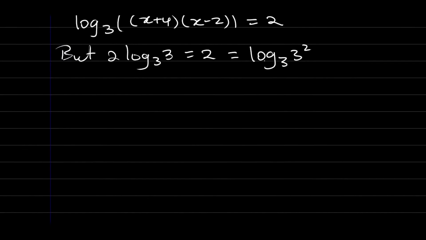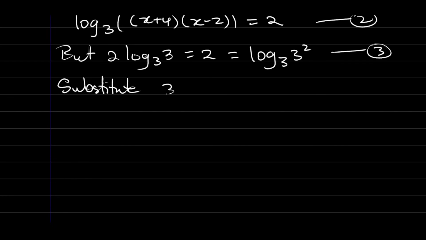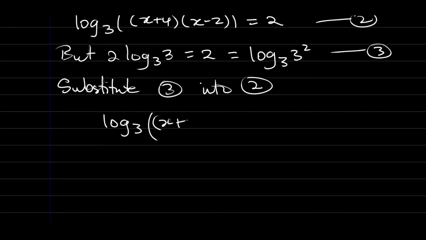Let me just say this here is equation number 2. And let's say that this is equation number 3, and I can say substitute 3 into 2. All right, I can substitute equation 3 into equation number 2, and I will get something looking like this: log to the base 3 of x plus 4 times x minus 2 is equal to log to the base 3 of 3 squared, and just put that in brackets.